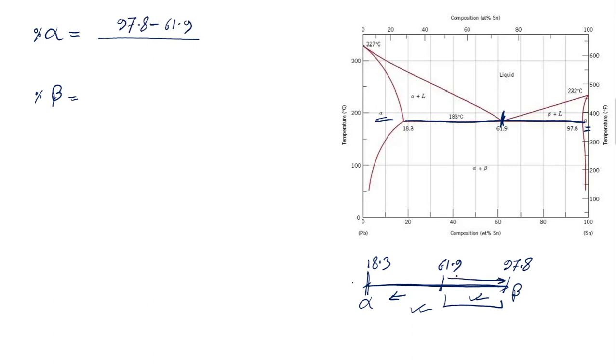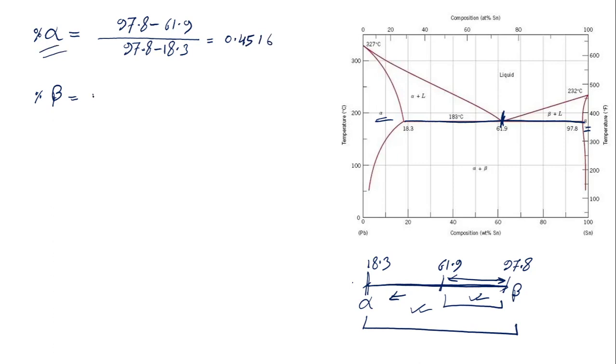Opposite segment difference, so 97.8 minus 61.9, and below is the whole from here to here. So this is the whole distance, 97.8 minus 18.3. When I solve this one, you will get around 0.4516. Okay, this is the fraction of alpha.